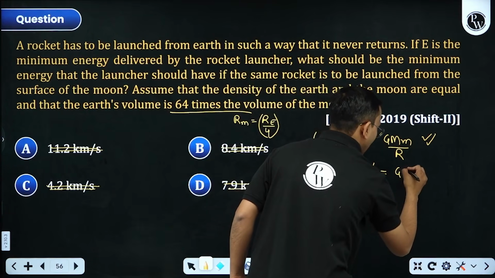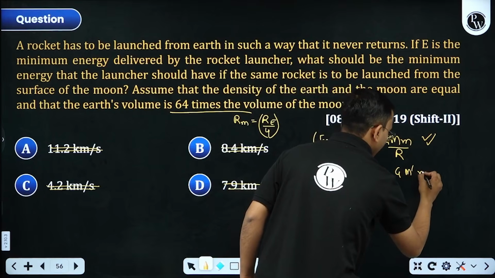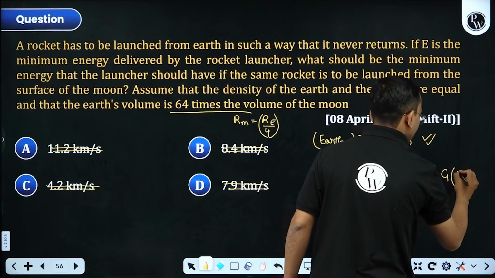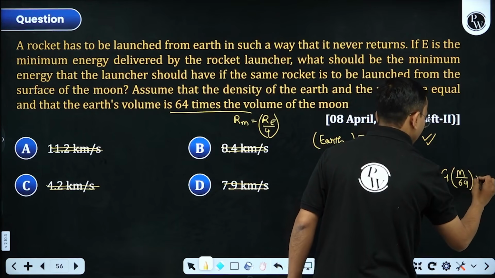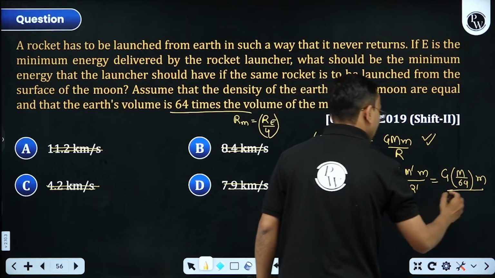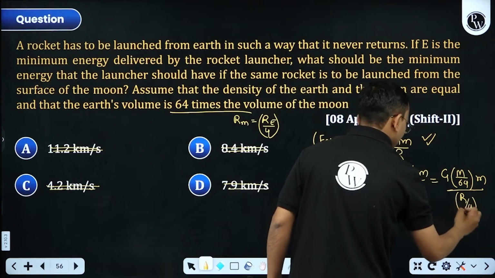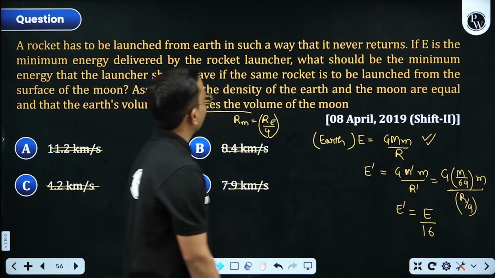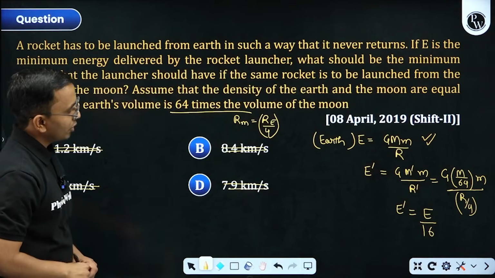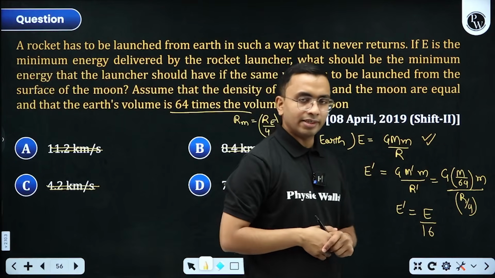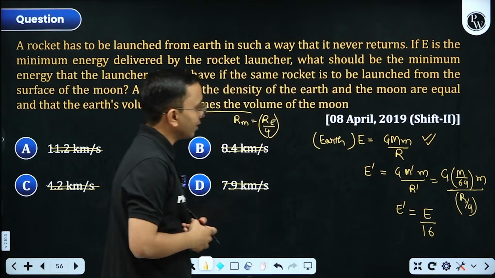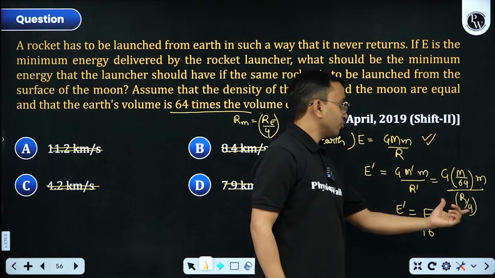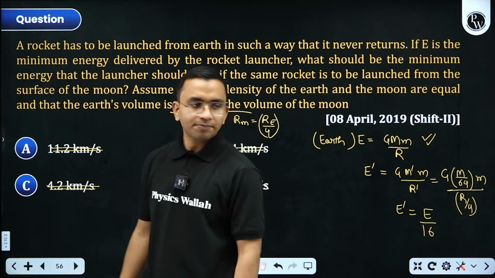So G into m dash, as m by 64, into m divided by radius of moon r dash, as r by 4. So this comes out to be E by 16. So it will become 1 by 16th. Certainly less energy is required there. Mass of the moon is 1 by 64th, radius of the moon is 1 by 4th, therefore we put that.